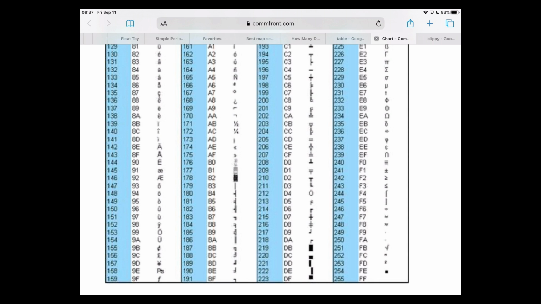Point being, you still need to encode those. Chinese is the best example here because it has thousands of different symbols. So this ain't gonna cut it if that's what you're trying to do. So then what do we do if we want to encode Chinese?